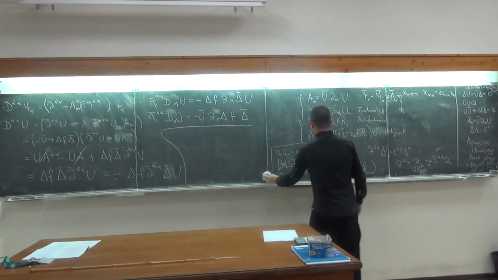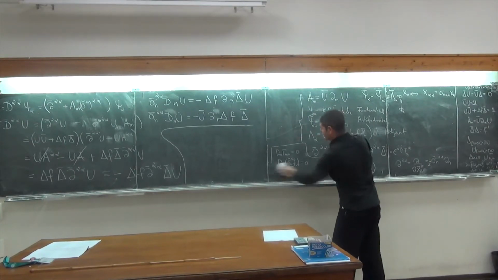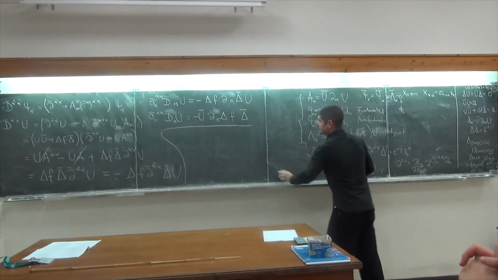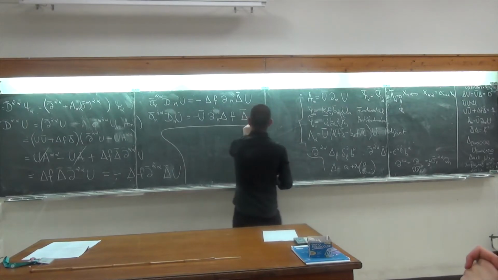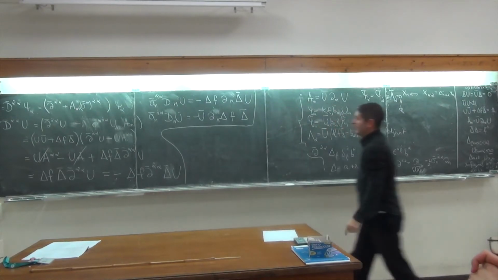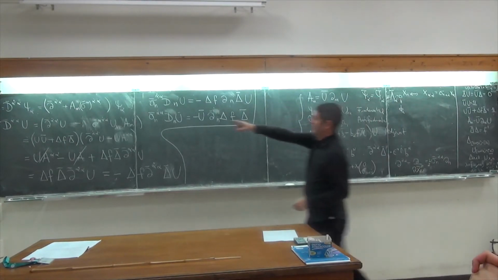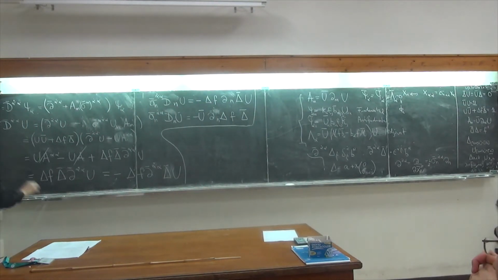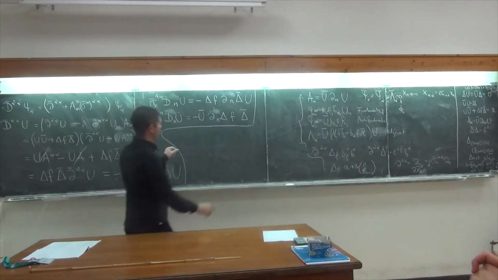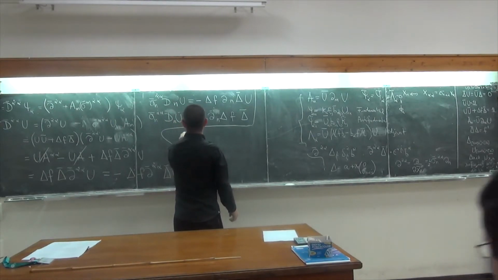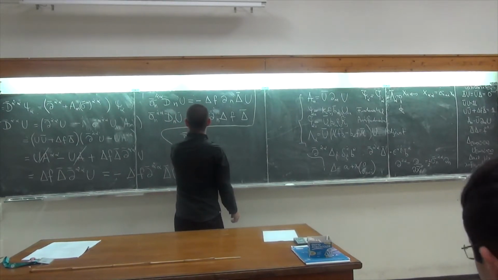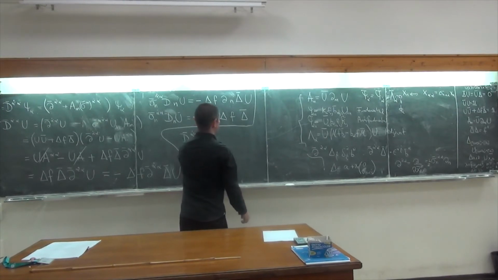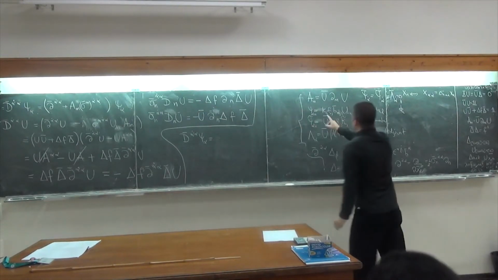The equations I no longer need. Now let's compute this one. D bar dot alpha psi alpha is equal to... There are two possibilities.